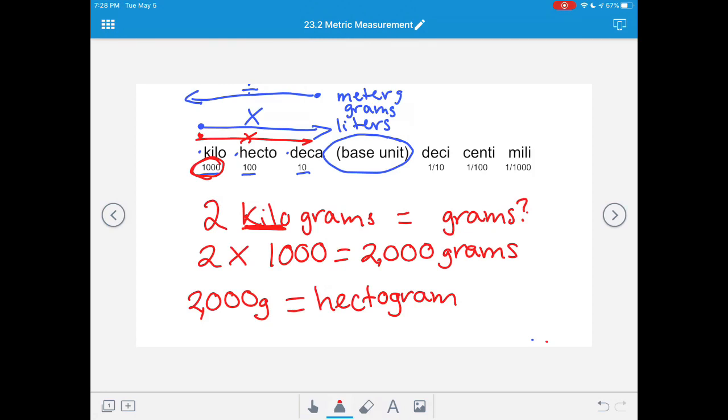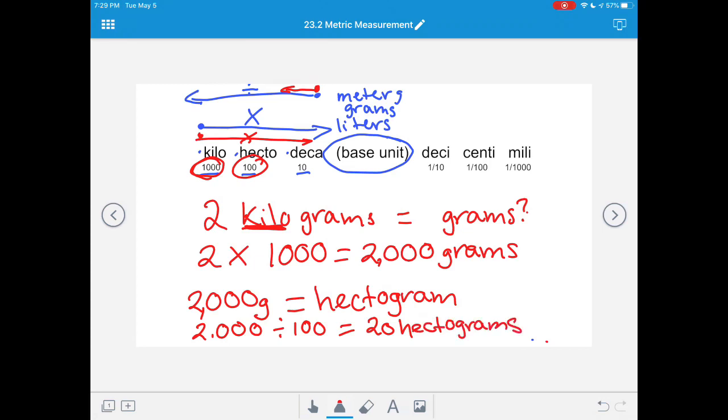So I'm going from grams to hectograms and going to divide. Hecto means 100, so I'm going to divide by 100. So I'm going to take my 2,000 grams, divide it by 100, and that will equal 20 hectograms.